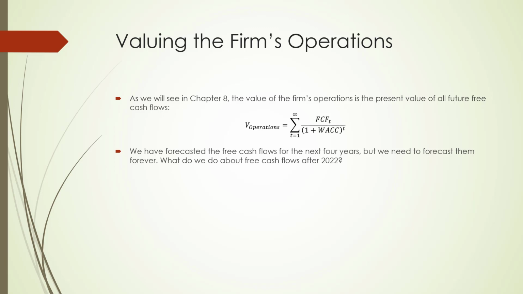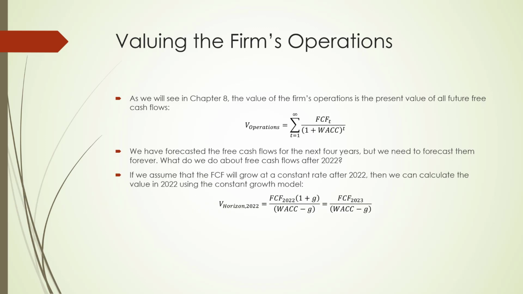Well, generally what we do is we assume that free cash flows are going to grow at a constant rate. And you should be familiar with the constant growth model, which we usually use with dividends, but it really is just a general formula that we can use for free cash flows or any other cash flow that's growing at a constant rate forever. And so here is that formula.